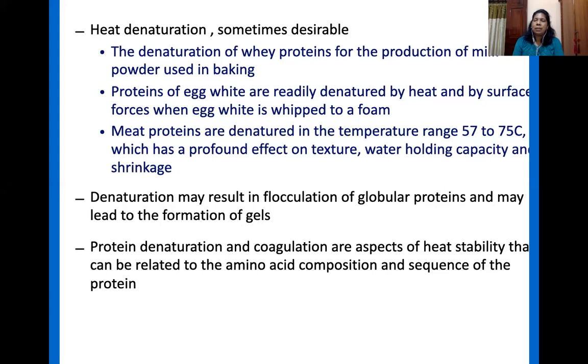Tofu we get from plant soy protein. Right. What else? In most of the products, pudding, yes. Right.